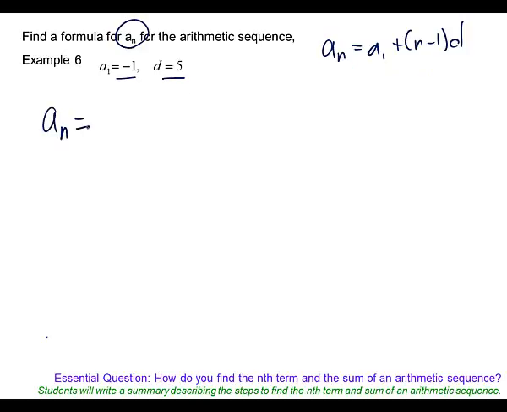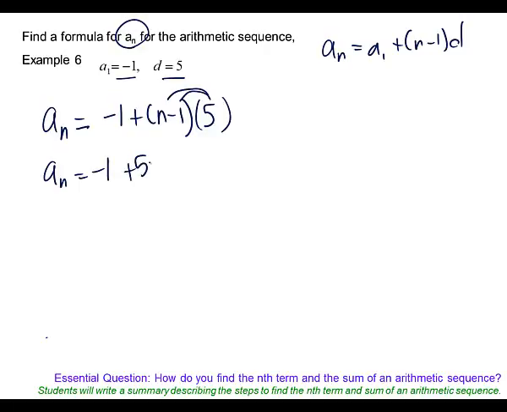So a sub n equals, what's my first term? -1, perfect. Plus n minus 1 times, what's the difference? 5. Probably should simplify it. So what are we going to do with that 5? Distribute. Good. So we've got a sub n equals -1 plus 5n minus 5.